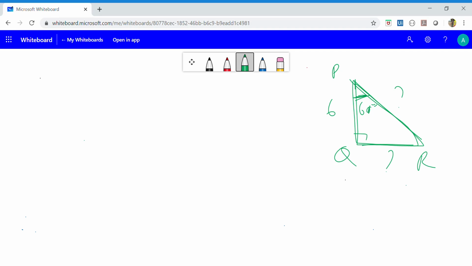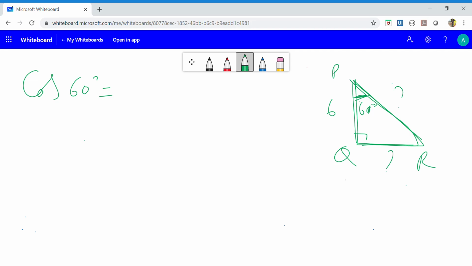So just as in the think and discuss example, you have to find it like that. First of all, you have to consider either sine, cos or tan. Whatever you consider, you will get the answer, no problem. So sine I am taking. Sine 60 degrees is equal to opposite by hypotenuse, but both are not there, no? So cos I will take.